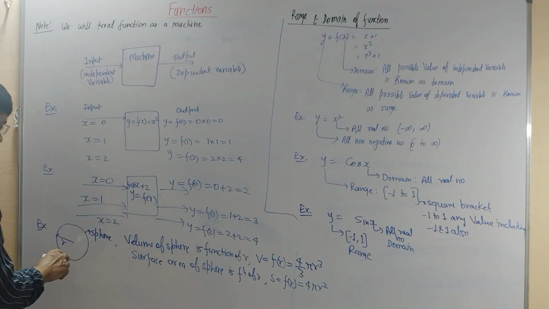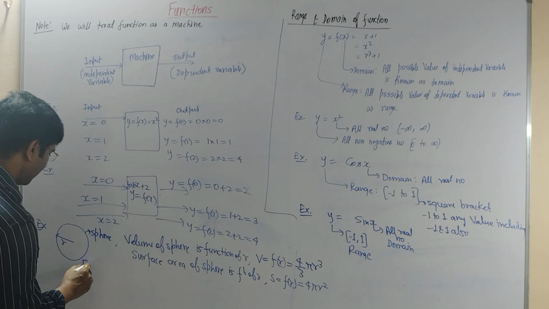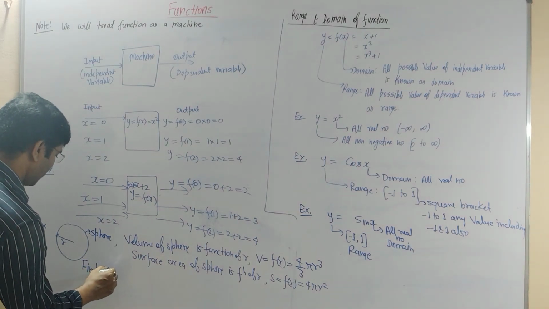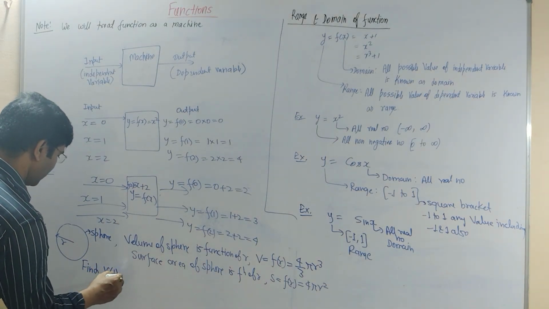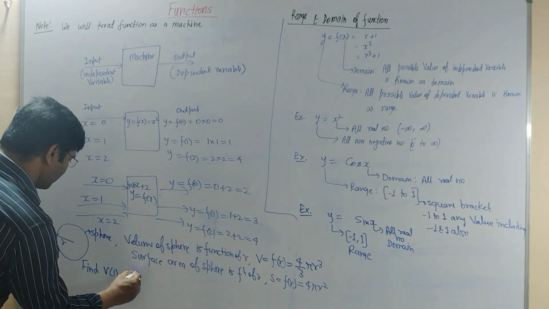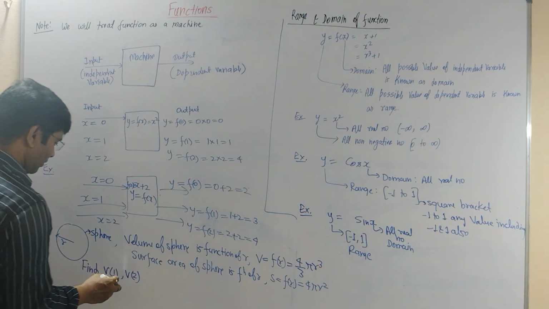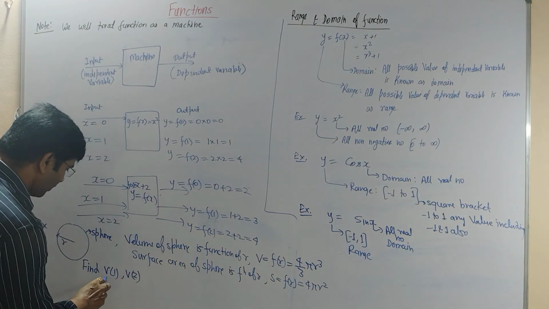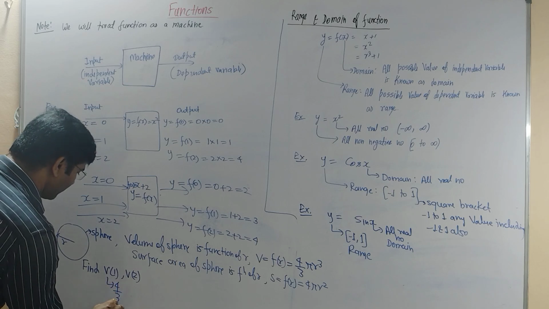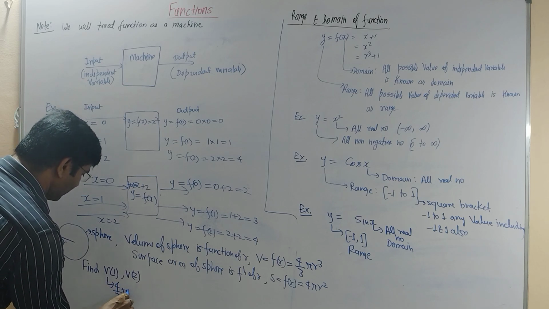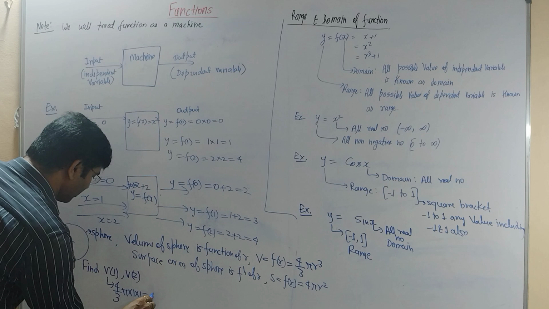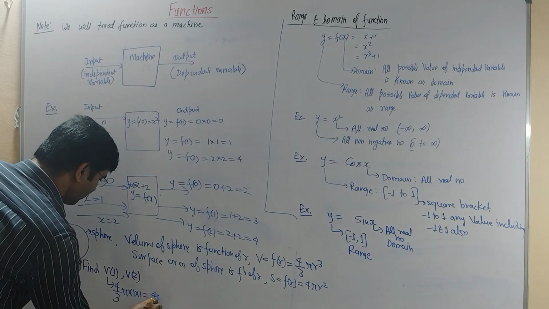Okay, so like let's say I'm saying that find volume at one radius. Okay, volume when radius is 2. So we will get here volume 4 by 3 pi 1 into 1, that is equal to 4 by 3 pi.